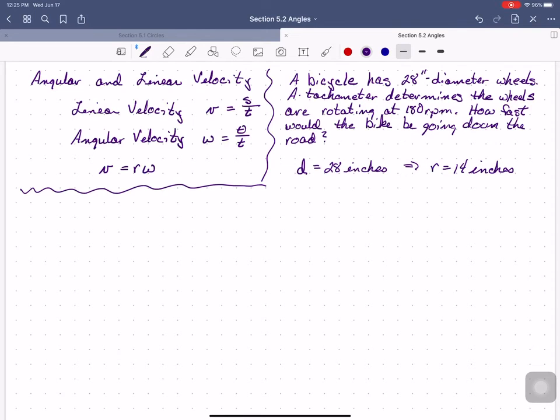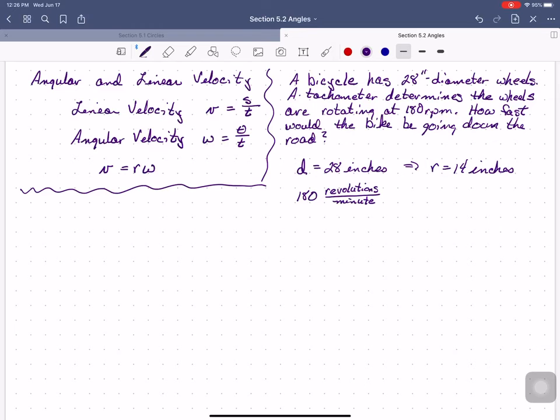What am I given? I'm given actually an angular velocity. So revolutions per minute is an angular velocity.